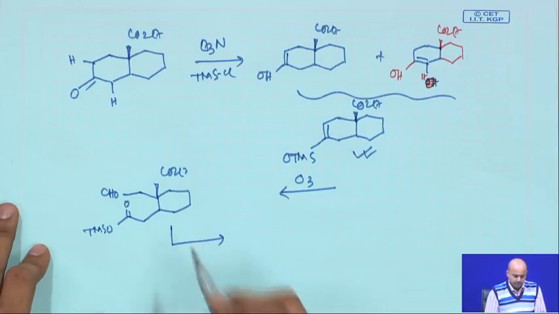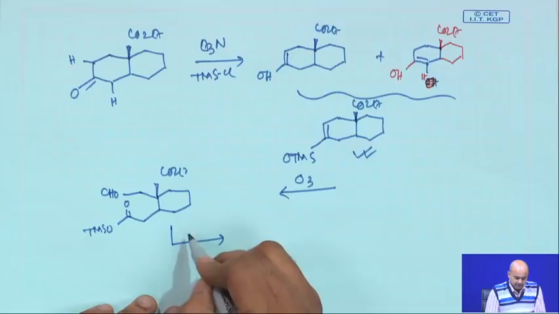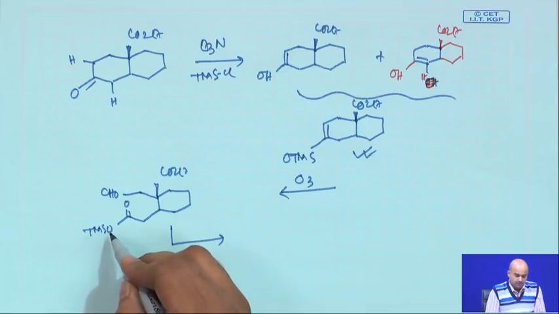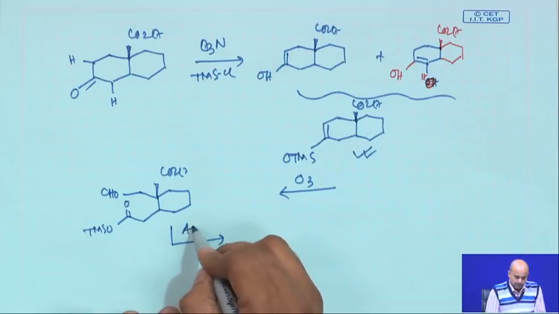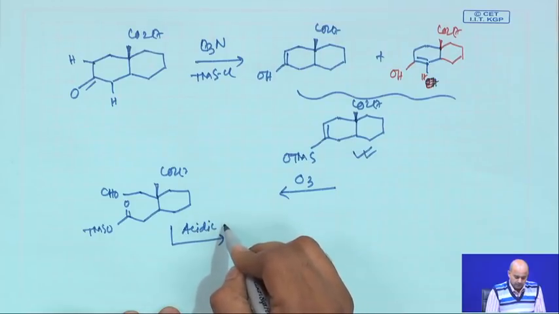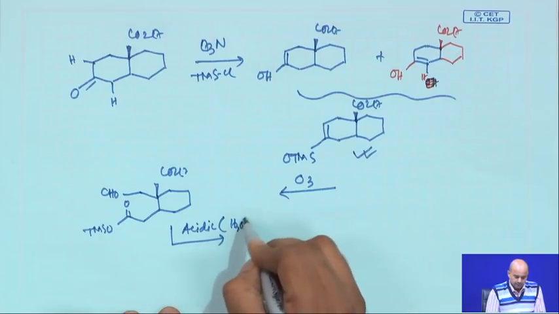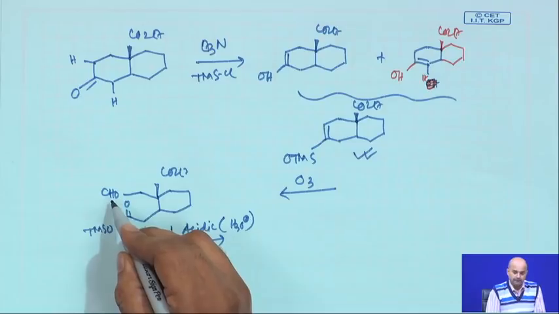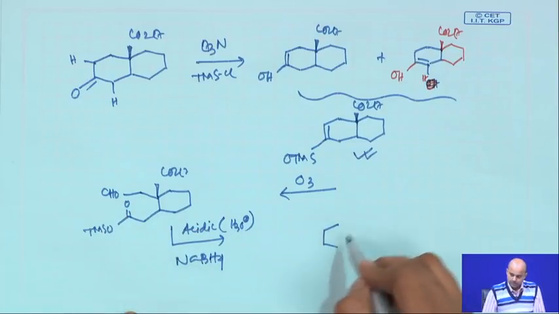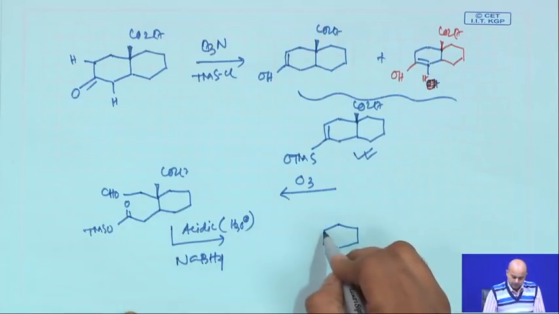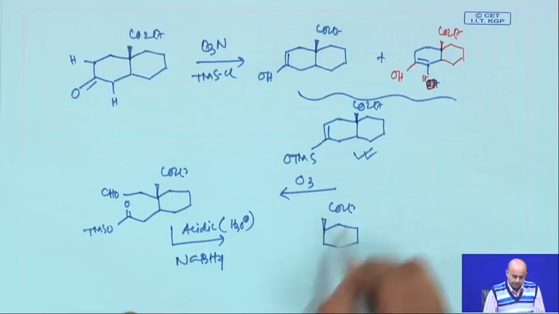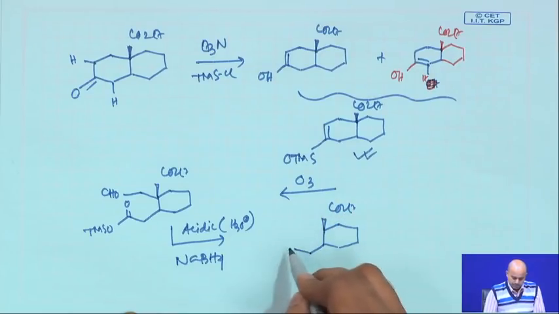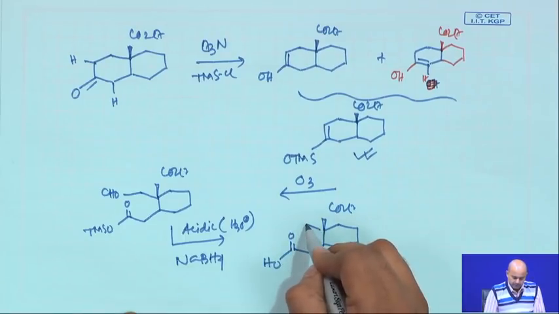Now, I am doing an acidic workup to get rid of this TMS ether, just by treating with H plus. In addition, we will also be using sodium borohydride to reduce this aldehyde. So, what will I now get? I will basically get this hydroxy acid.